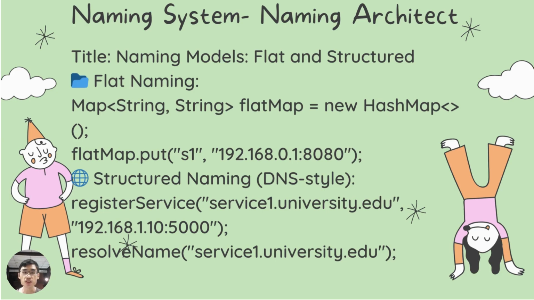Register service 1.university.edu to 192.168.1.10 with port 5000, as well as service 1.university.edu.